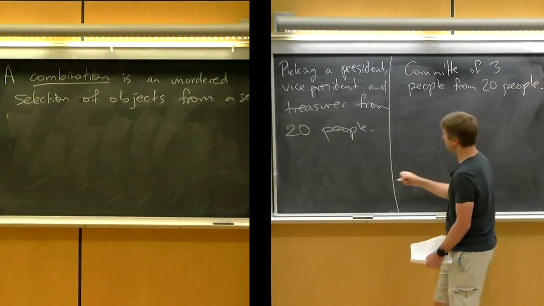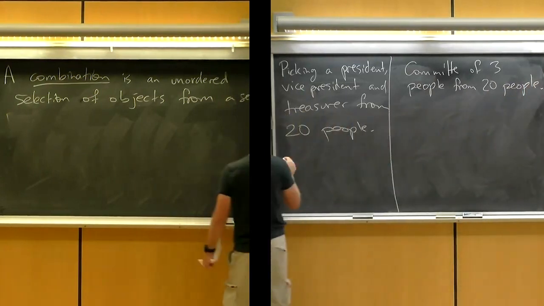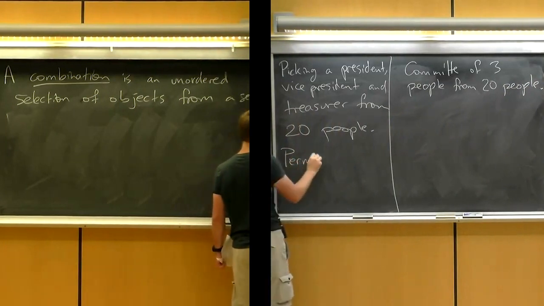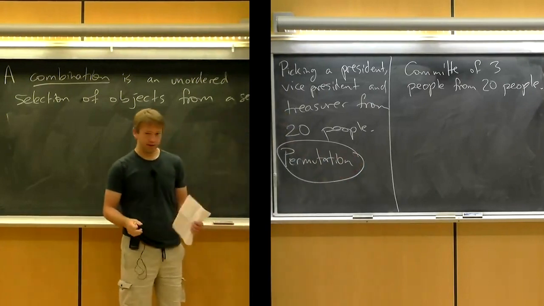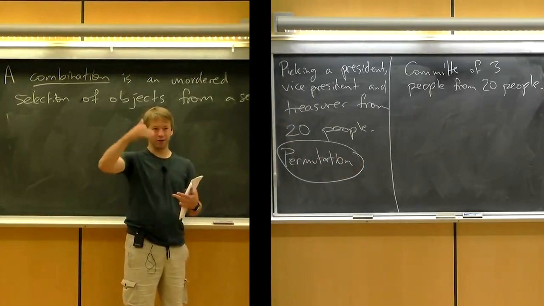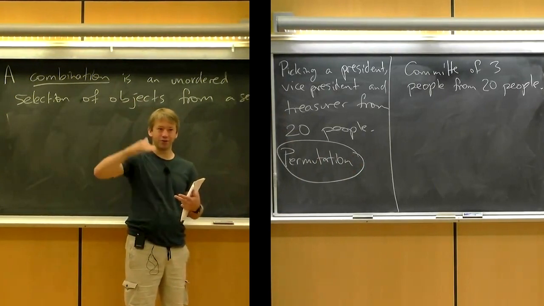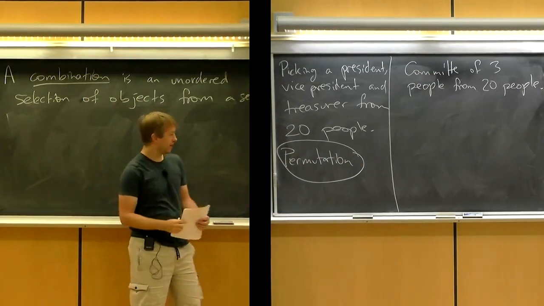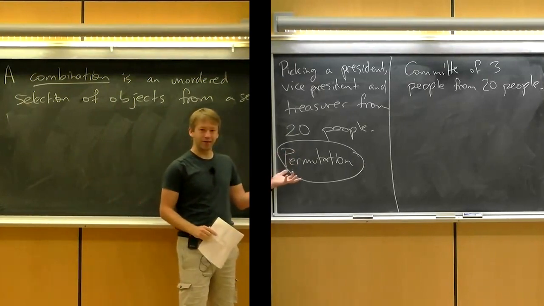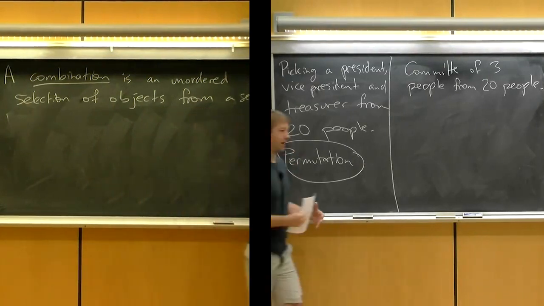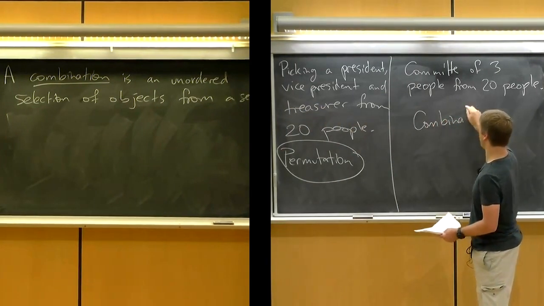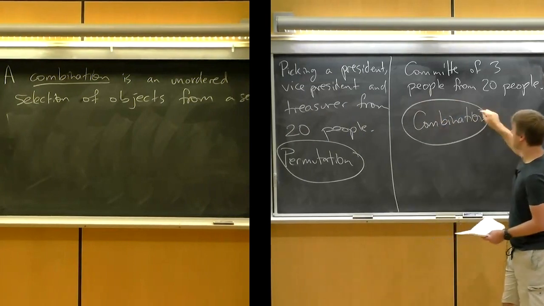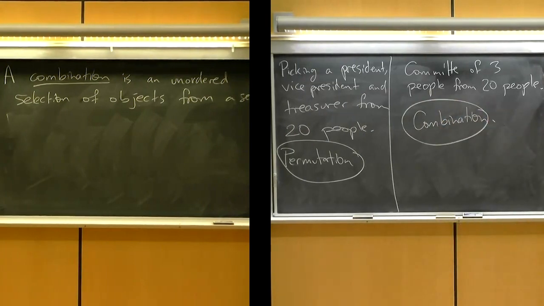Okay, so this first problem is really a permutation problem, because these people are classified: president, vice president, treasurer. So there's an ordering, or they're distinguished, right? 3 different positions. Whereas this one would be a combination, because for the 3 people in the committee, there's no ordering between them.